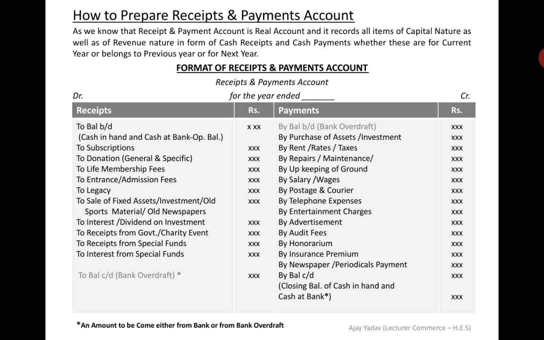We have to find the difference between the sum of the two sides and place it on the credit side as a balancing figure, as the closing balance of cash, in the form of cash in hand or maybe in the form of cash at bank. It is noticeable that if the credit side exceeds the debit side, then the amount becomes a bank overdraft.